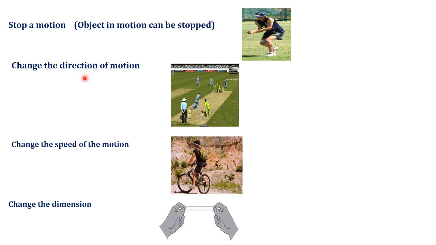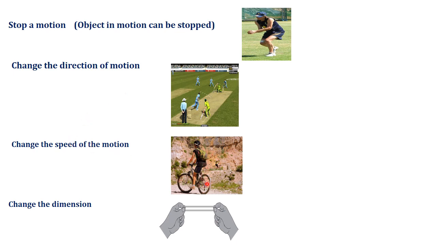A batsman changed the direction of the ball by hitting the ball. The ball is coming in one direction but the batsman hits the ball in another direction. So by hitting the ball, he is giving a force, so it can change the direction.